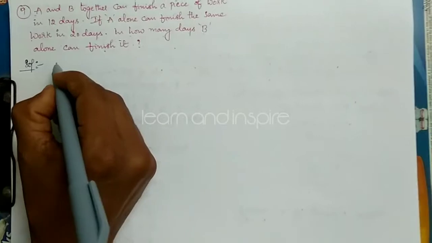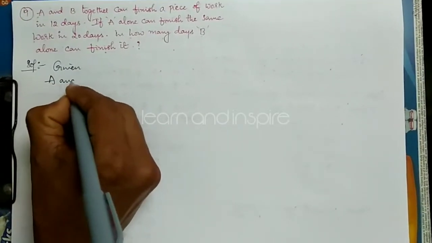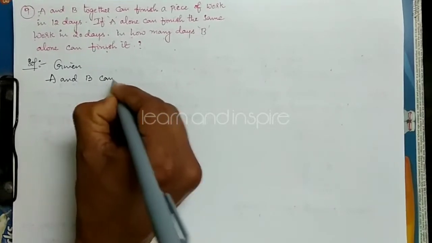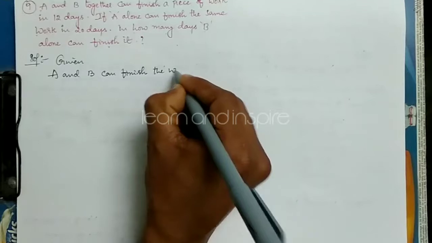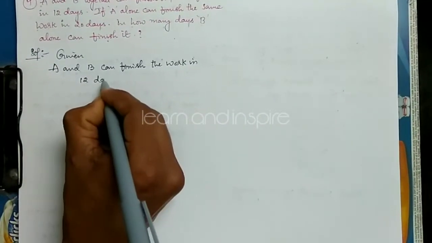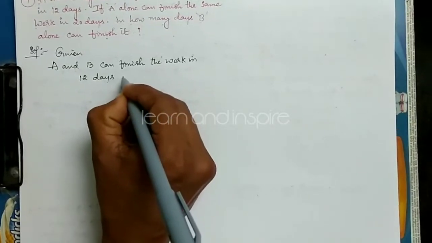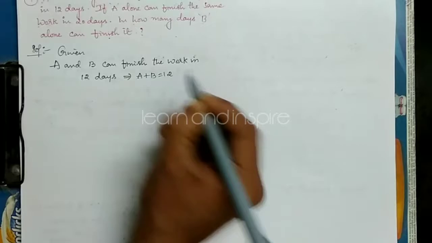That means, so what is given? A and B can finish the work in 12 days. That means if they work together, they can complete the work in 12 days. That is, A plus B equals 12.